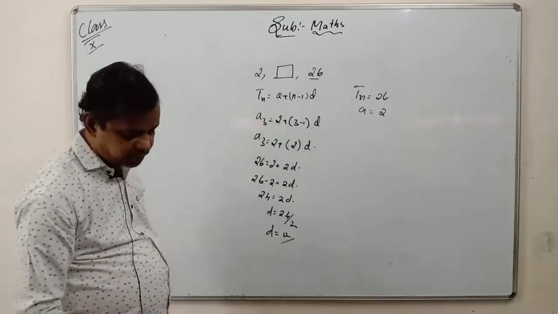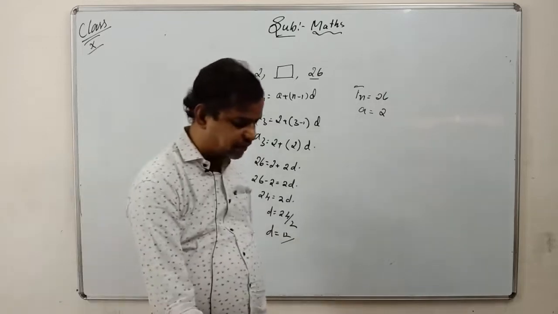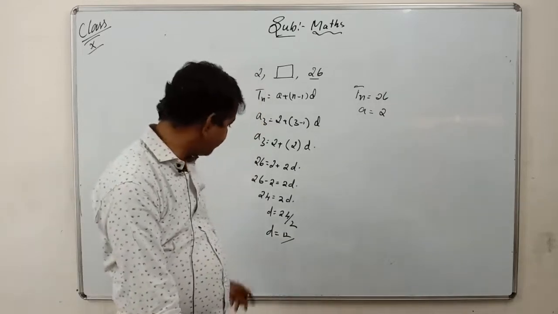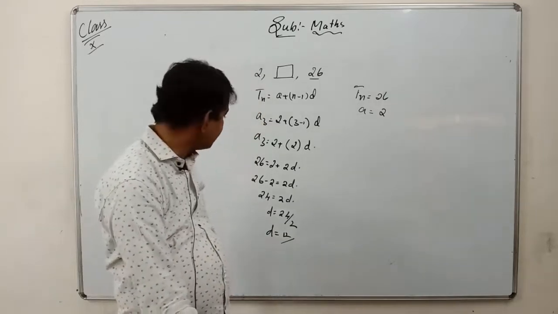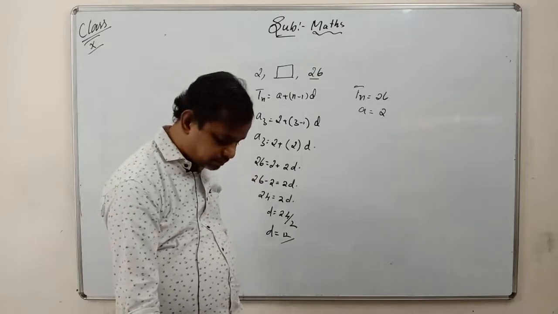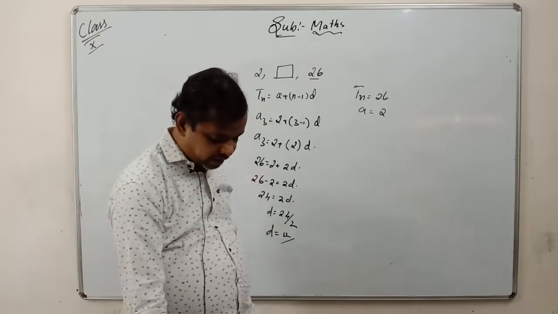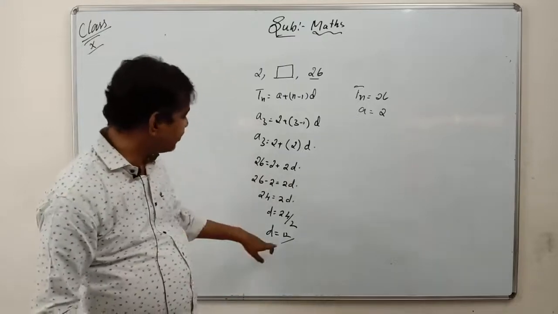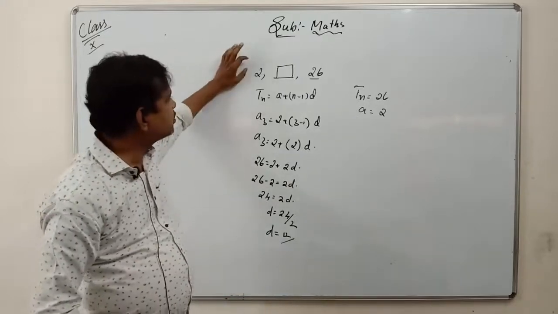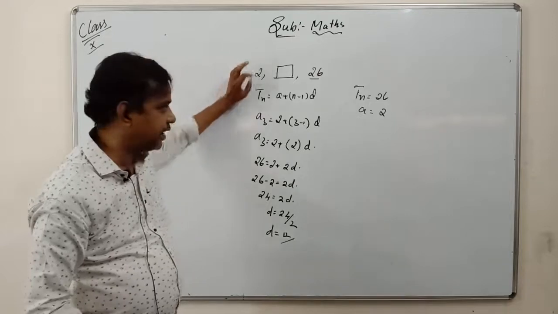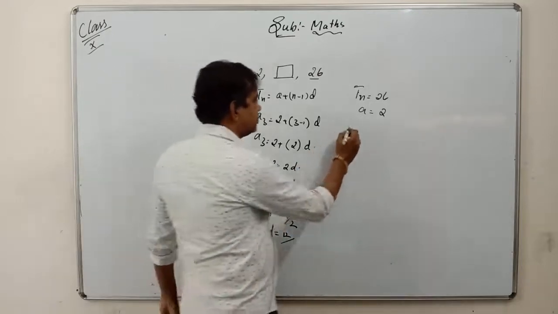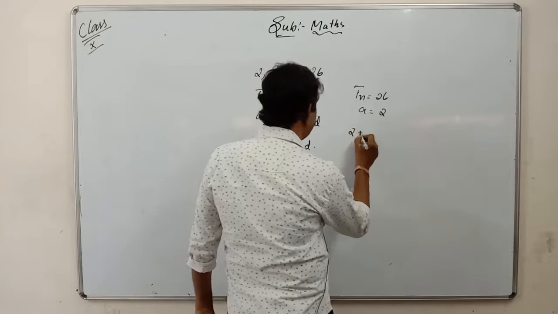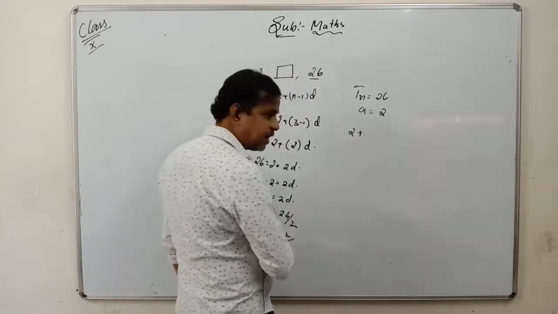If you know the value of d here, you can go on finding the terms. So if d is 12, then 2 plus 12, what will you get? You will get 14 here.